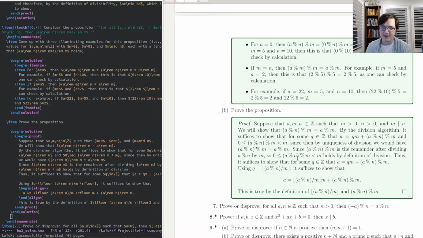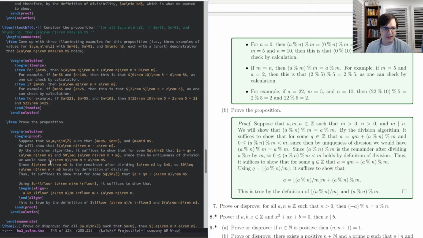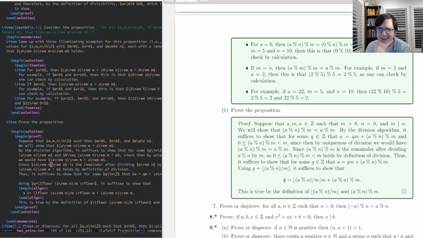Then since it's the remainder after dividing that by that, I guess I could simplify this more. Okay. Since that is the remainder after dividing... Wait, what am I saying? I'm tired. What am I doing?